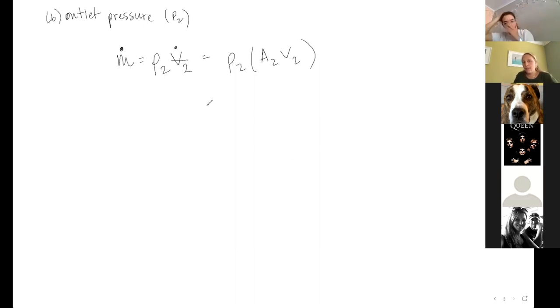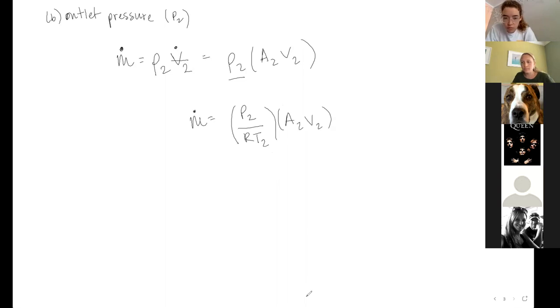So this is along the right track, but we need to figure out how we can put in pressure here as well. The way that we could get pressure is through this density term. So we could convert our mass flow rate into pressure at point 2 over RT times the area times the velocity.